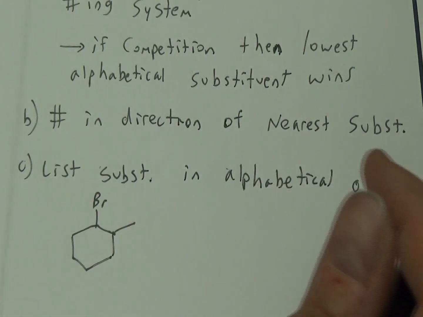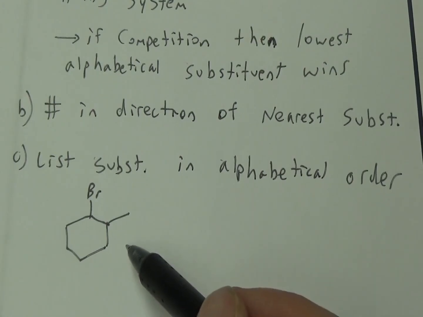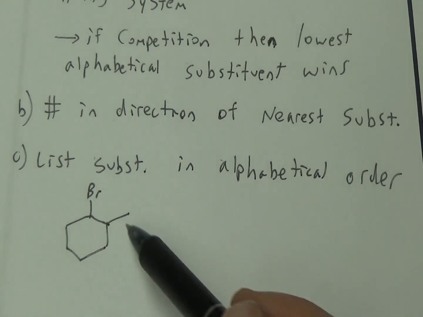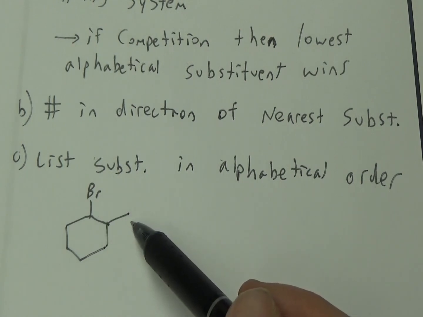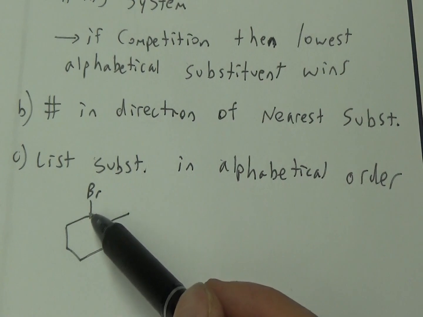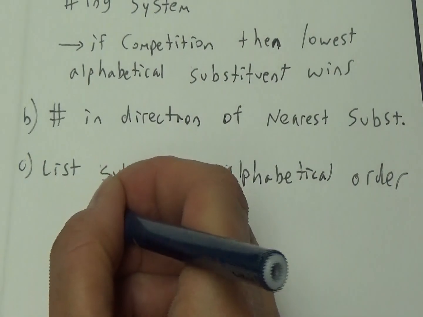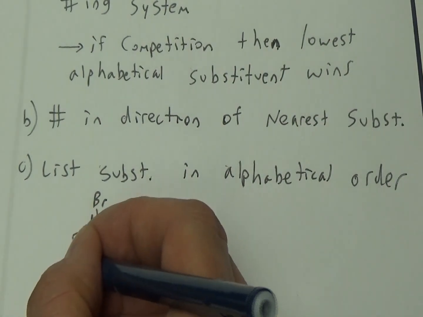This is an easy one, and we have to determine a numbering system that accounts for these two substituents. Now there's two of them, one that begins with the letter B, one that begins with the letter M. So we're going to probably go from bromine to methyl. So it's going to be 1, 2, 3, 4, 5, 6.